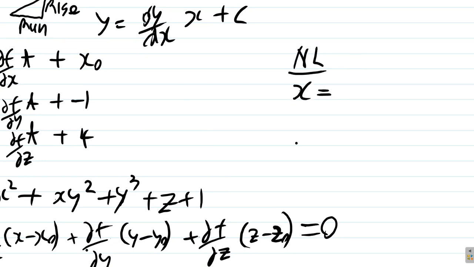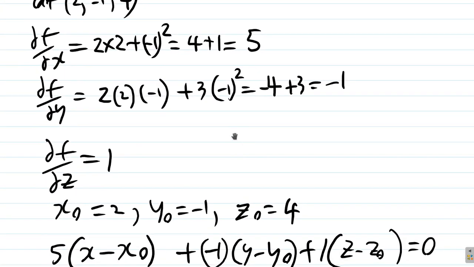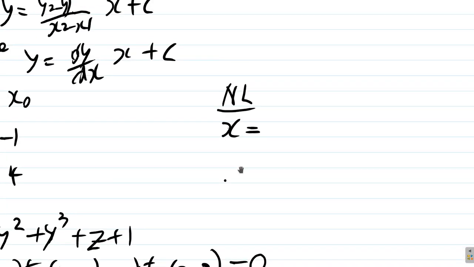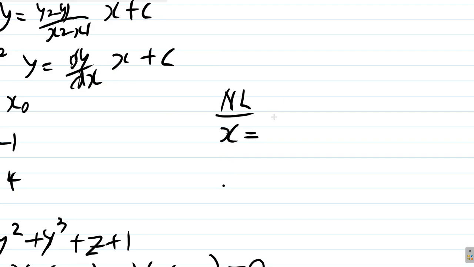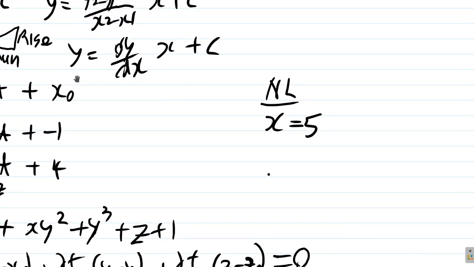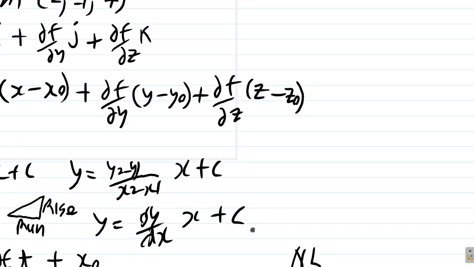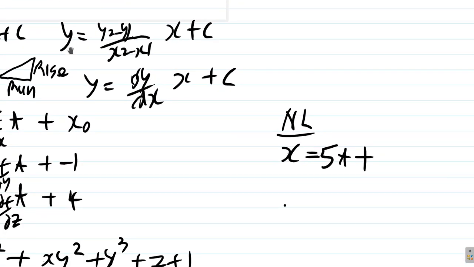X equals the partial of f with respect to x at the point, which was 5. So it is 5t plus x naught, which was 2: 5t plus 2.